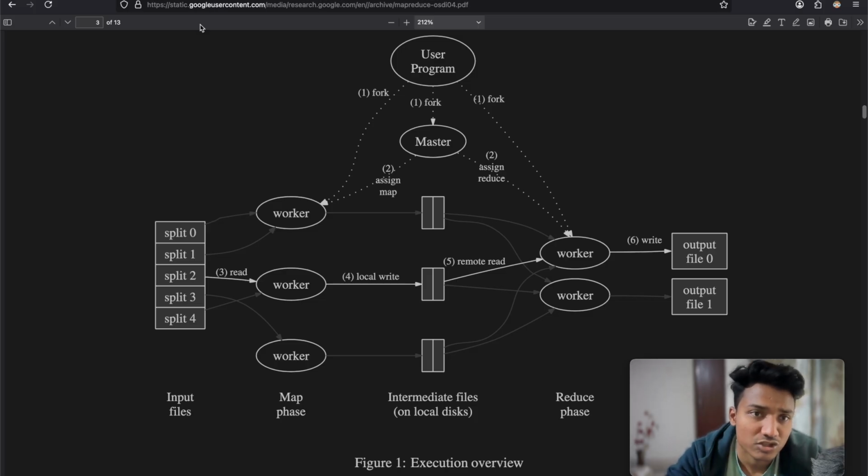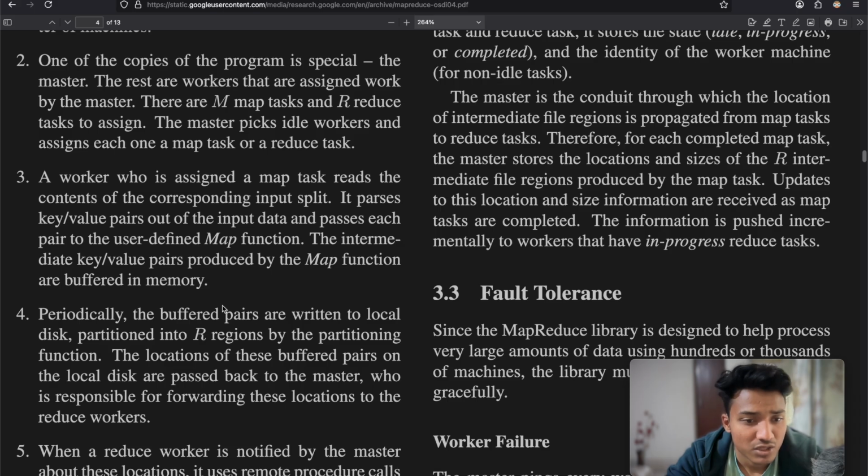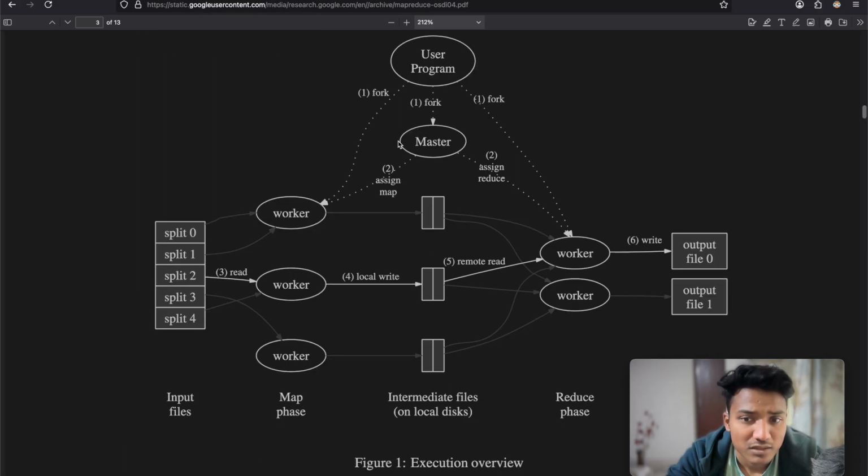Then each of these locations is passed back to the master, and then the master also tells the worker that, hey, this is the location.